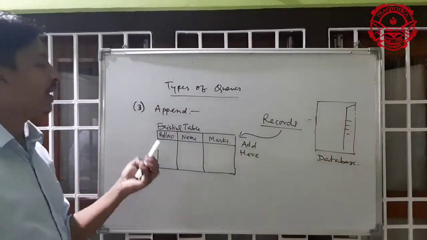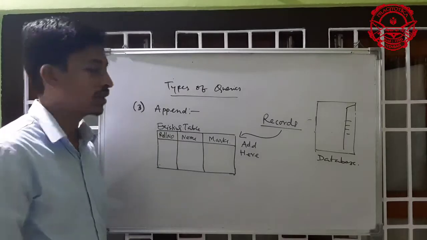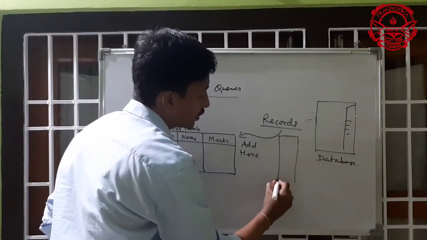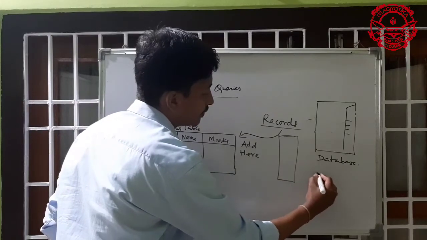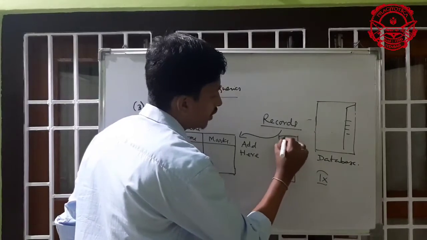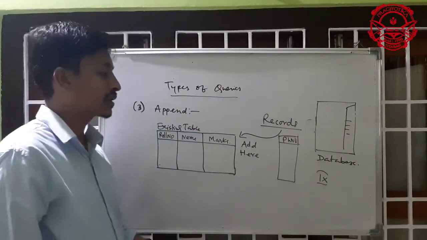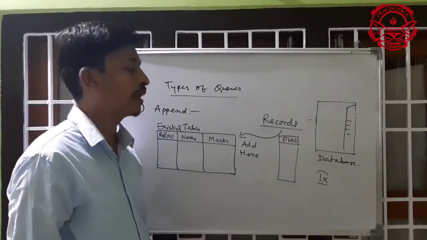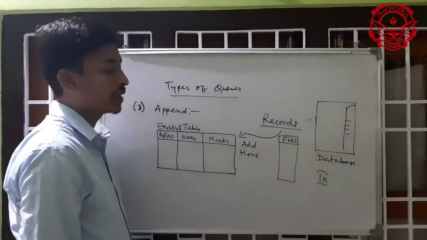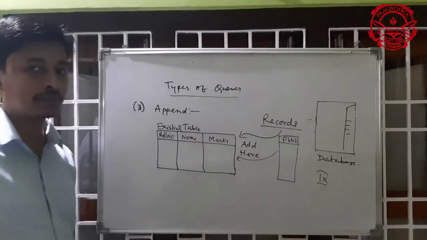This query means you can add new records to an existing table. Say I want the phone numbers of all the students of class 9, all the information, meaning the parents' phone numbers of class 9's students. So that record is going to be added to this existing table.